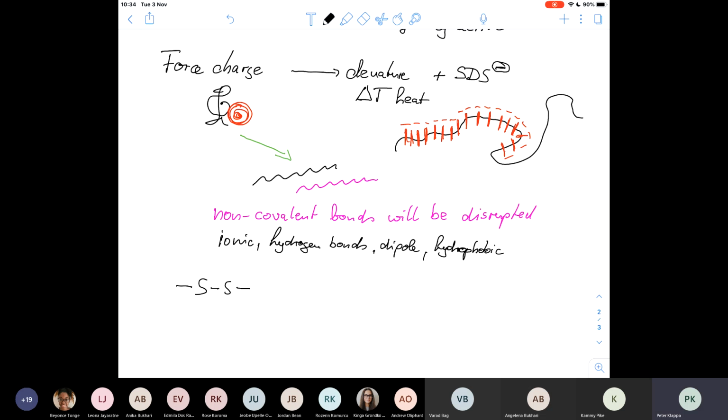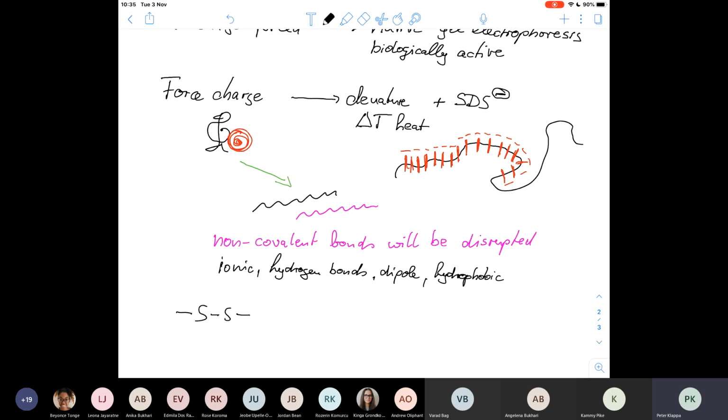So disulfide bonds will remain if we do this treatment. Does that make sense? We pry apart everything if it is non-covalent, but covalent bonds, like disulfide bonds, will stay.